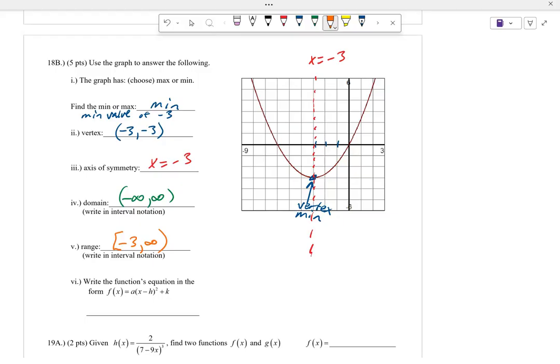Right, now write the function's equation in that form. That's our vertex form. So we have our vertex hk, that's the -3, -3. We know that a is positive because it opens up, but we don't know what the value of a is yet.